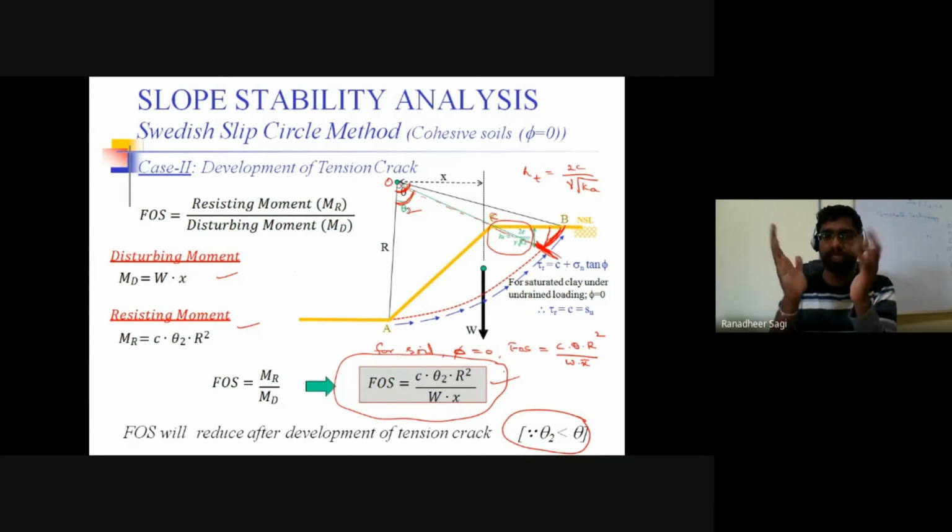A crack is an empty space. If water goes and accumulates in that crack region, what is going to happen? Will the factor of safety of the slope further decrease? Yes. Why? Because whatever water is getting accumulated in that crack will certainly exert some pressure on the slope again, on the portion of the soil which is still existing there.